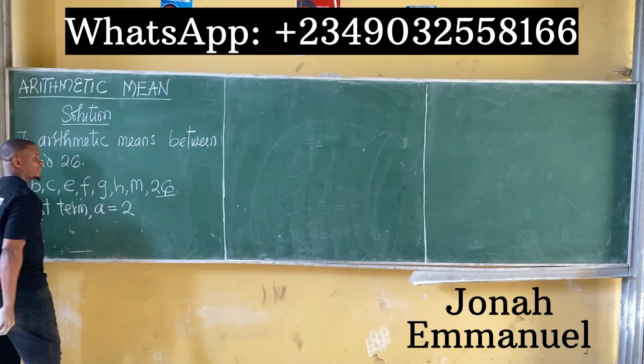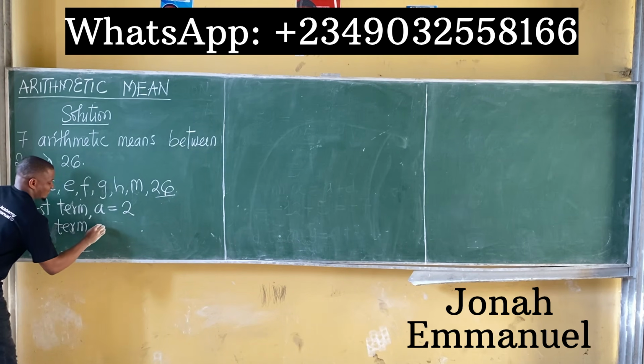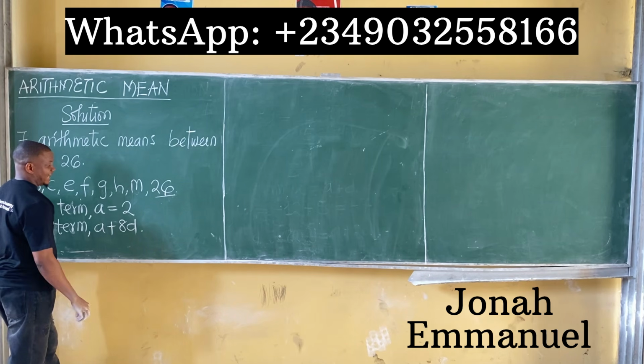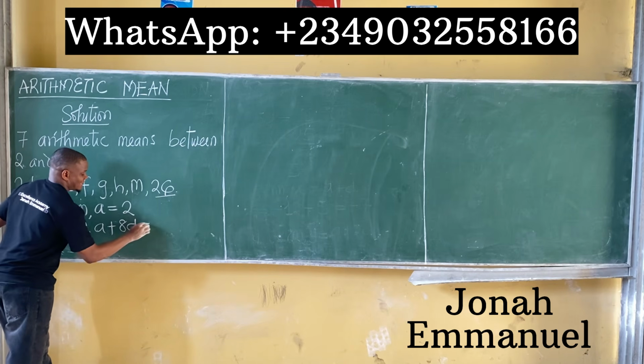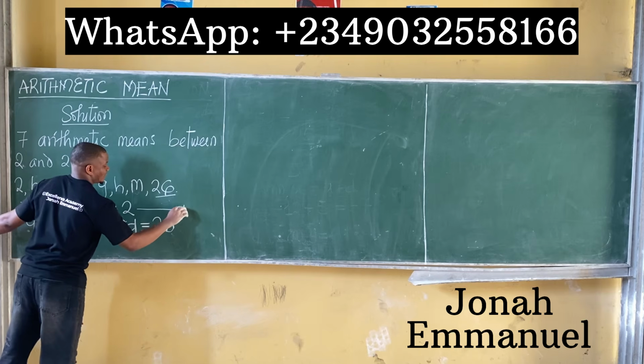So we have a value for the ninth term. Ninth term is given by A plus 8D. So A plus 8D is the nth term for a ninth term of an AP. Ninth term is equal to 26. Let's call this equation 1.